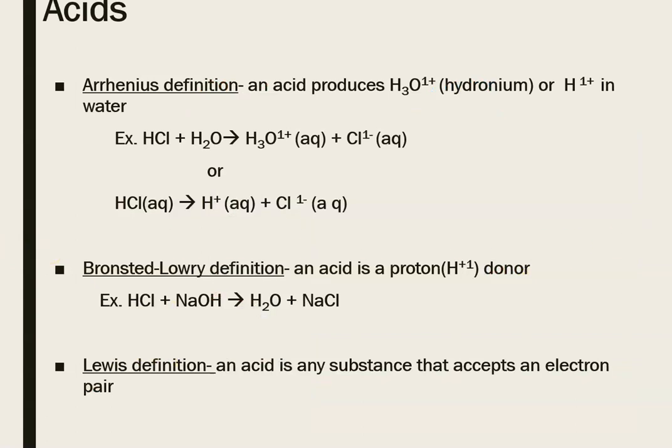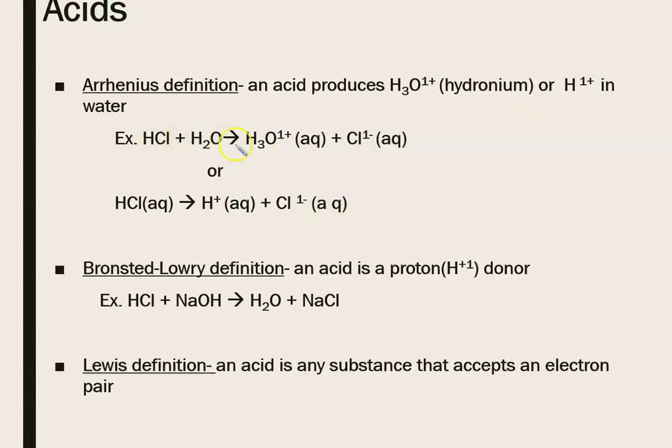First, we begin with Arrhenius. Arrhenius says that an acid is anything that is going to produce a hydrogen ion, also known as a hydronium ion, if you put it in water. The minute you put it in water, the hydrogen ion will come off and attach itself to a water molecule. For example, HCl is hydrochloric acid.